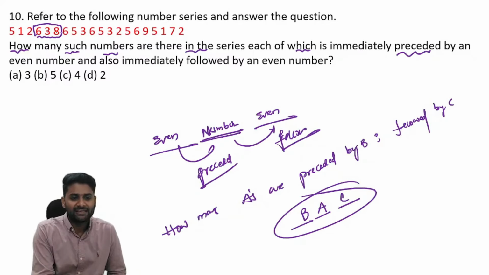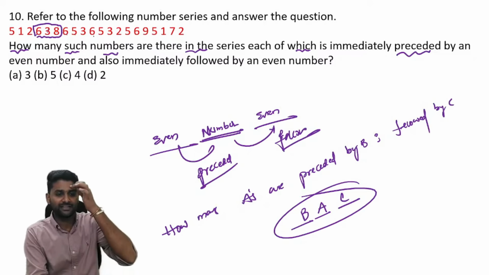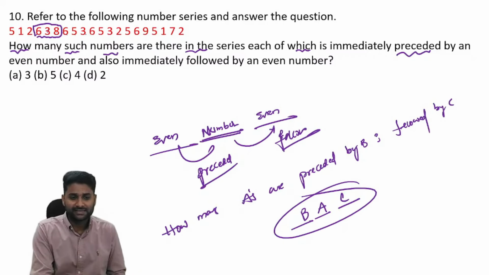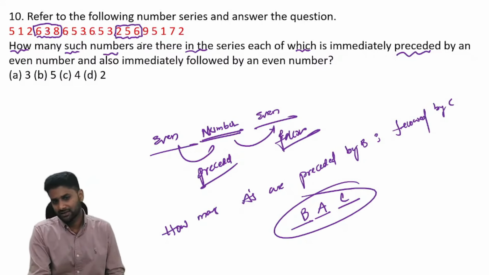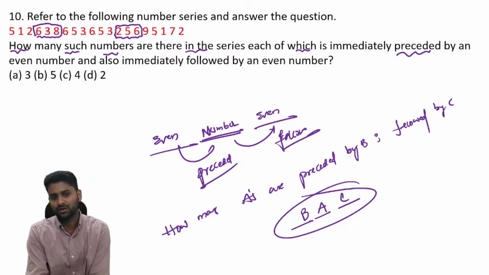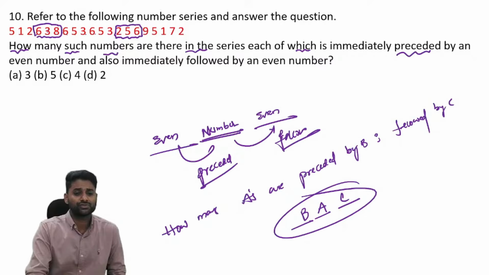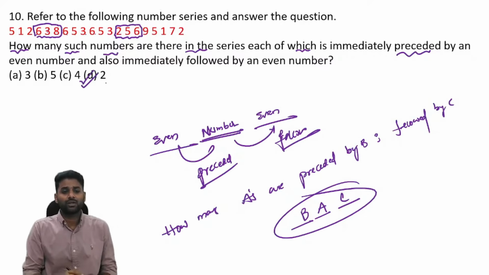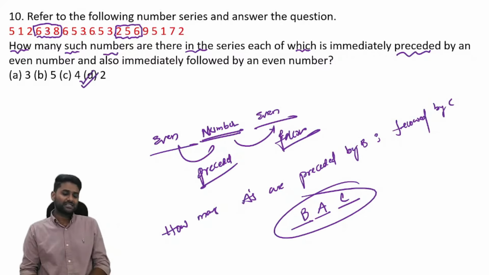Next one: 386 not possible, 865 not possible, 653 not possible, 536 not possible, 6365 is also not possible, 532 not possible, 325 not possible, 256 is possible. 569 not possible. 695 not possible. 951 is not possible. 517 is also not possible. 172 is not possible. So in total you can see two pairs satisfy this condition.